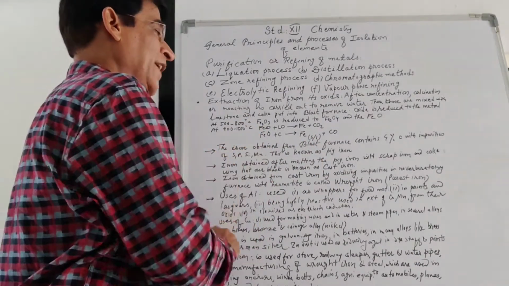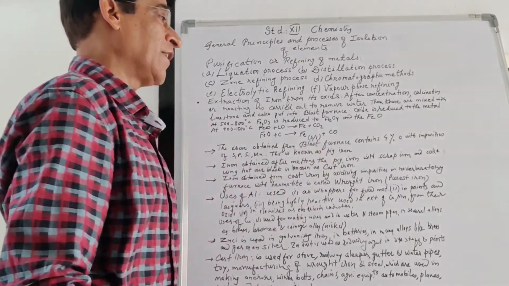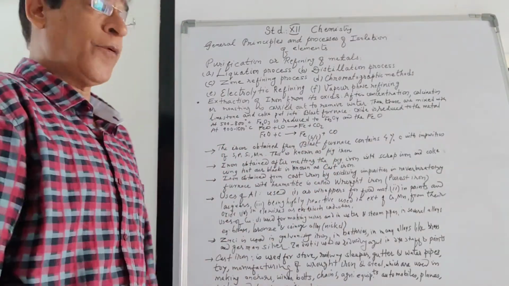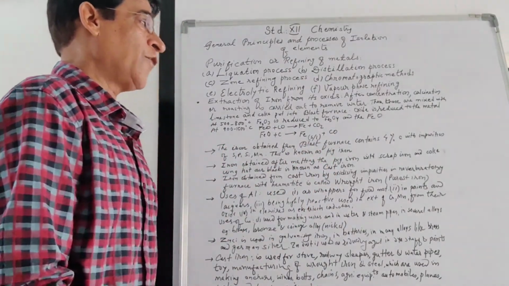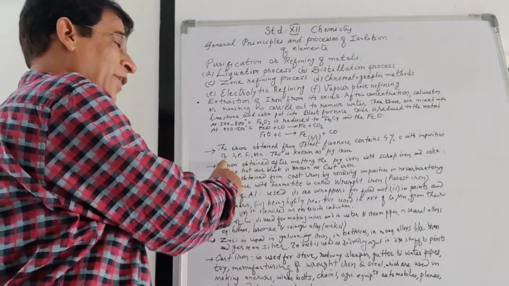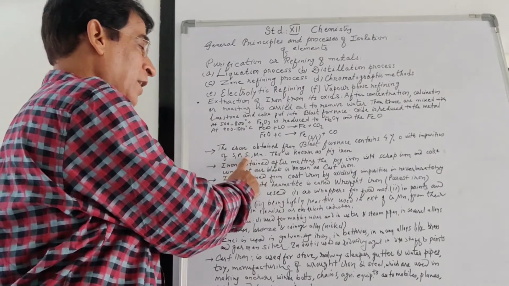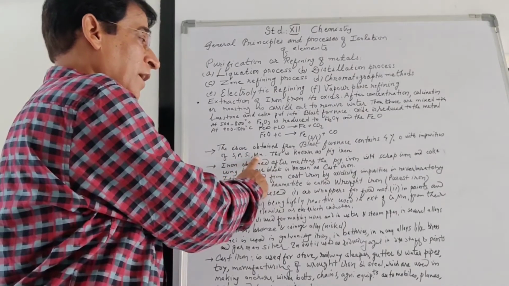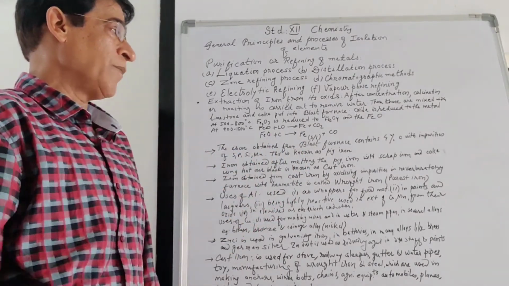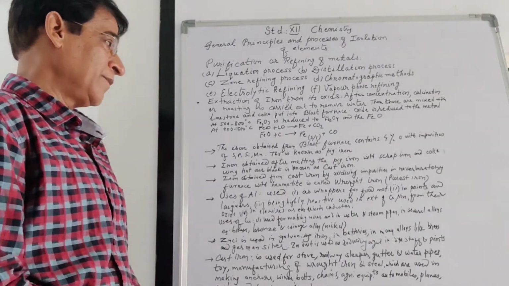The iron obtained from blast furnace contains 4% of carbon with impurities of sulfur, phosphorus, silicon, manganese. This is known as pig iron.